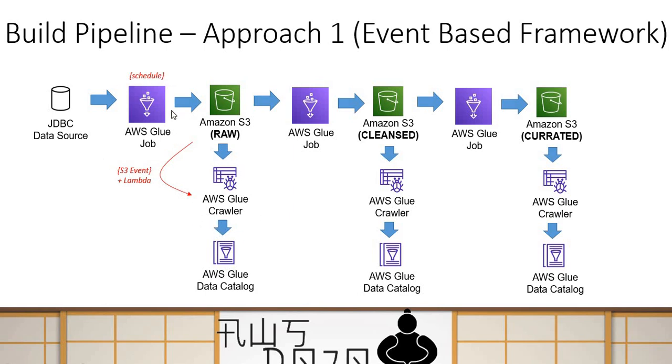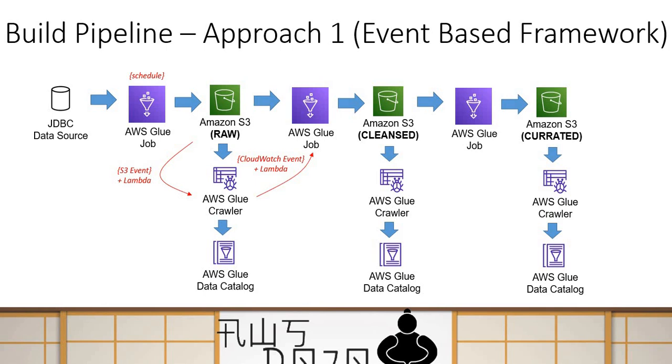So your glue job is running on schedule. It's taking the data from the JDBC endpoint and then putting it into the S3 bucket in the raw area. Then an S3 event is using a Lambda function to start a glue crawler, and then the data is cataloged. The moment your glue crawler finishes the job, it raises one CloudWatch event saying, hey, I'm done.